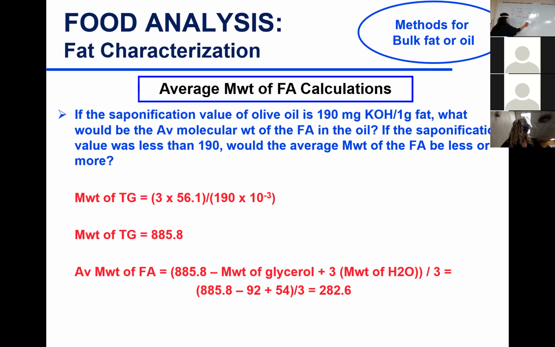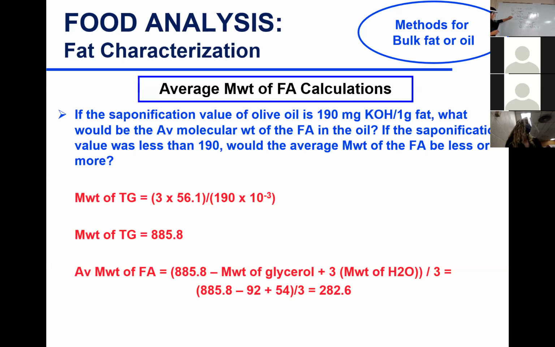So 1 mole to 3 moles. And then you solve for x. So x grams per mole of triglyceride equals 885.8 grams per mole.